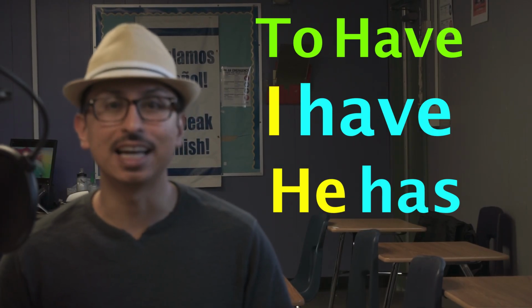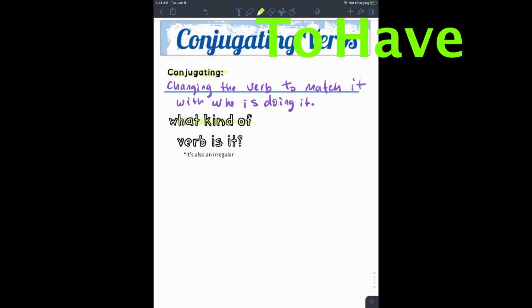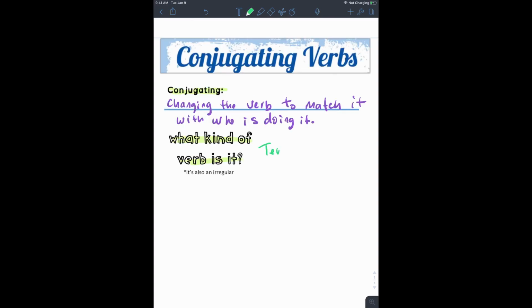So let's take a look at tener. As we know, we're going to look at the word tener, which means to have, and also tener que, which means to have to. And actually, these work the same way.